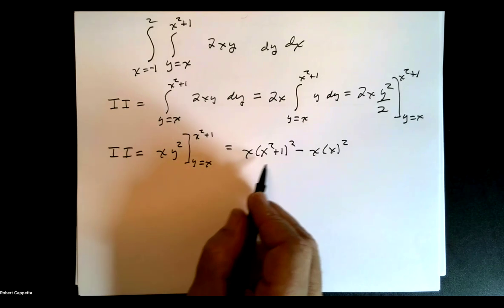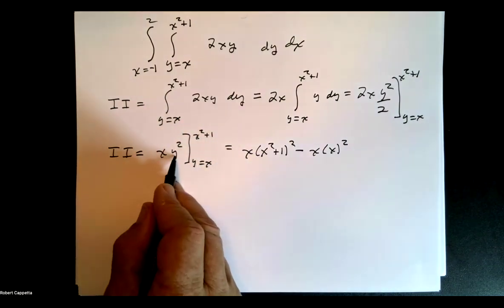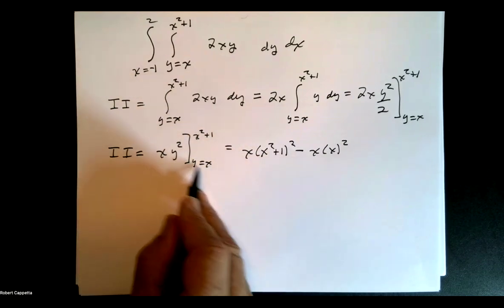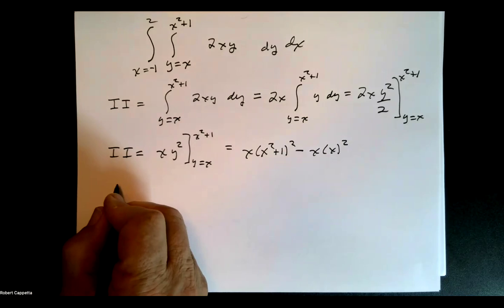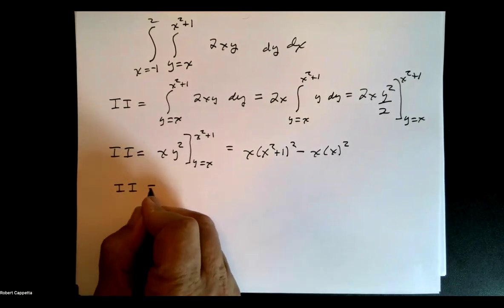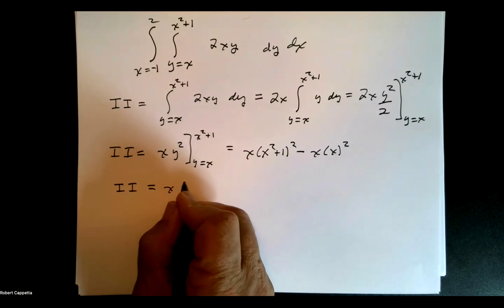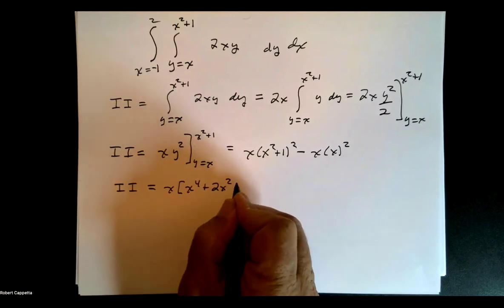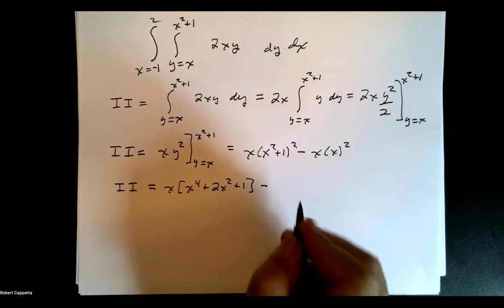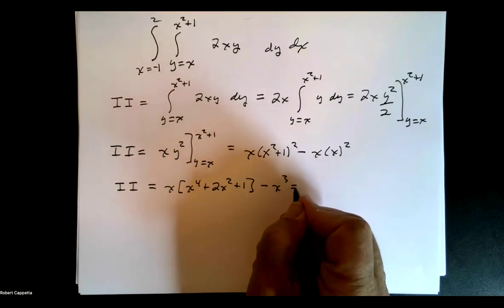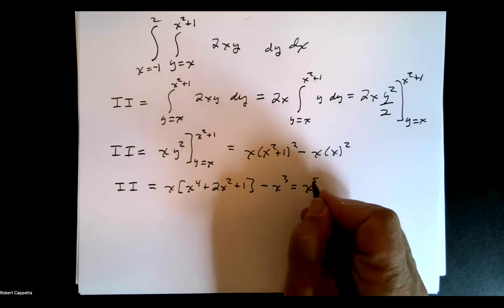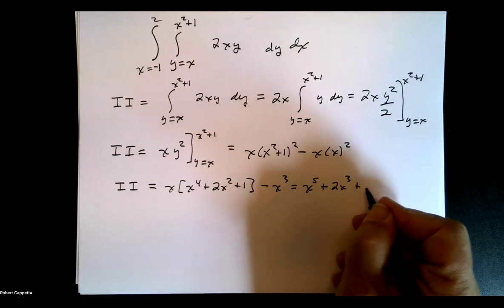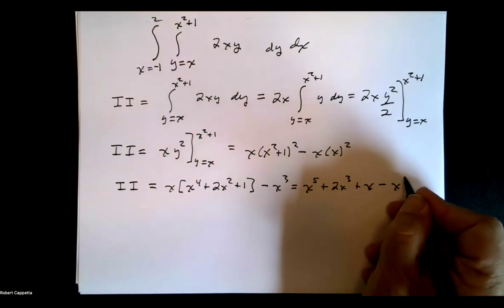Let me just clarify that. We're plugging x squared plus 1 in for y, x times (x squared plus 1) squared using our fundamental theorem of calculus, minus plugging x in for y, x times x squared. What does that give me for my inner integral? We have x times (x to the 4th plus 2x squared plus 1) minus x cubed, which is x to the 5th plus 2x cubed plus x minus x cubed.